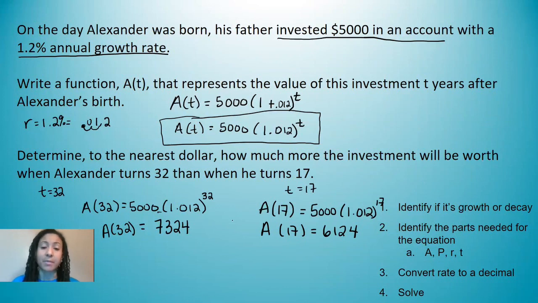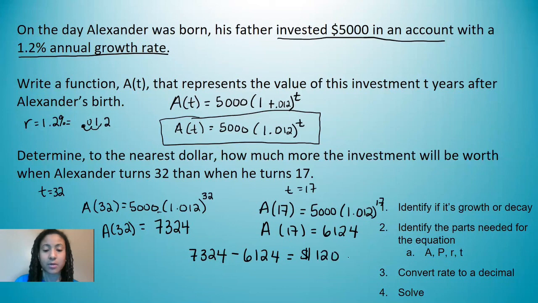We have to subtract because it wants to know how much more the investment will be worth between these two ages. So if we were to do 7324 minus 6124, how much would we get? $1,200.